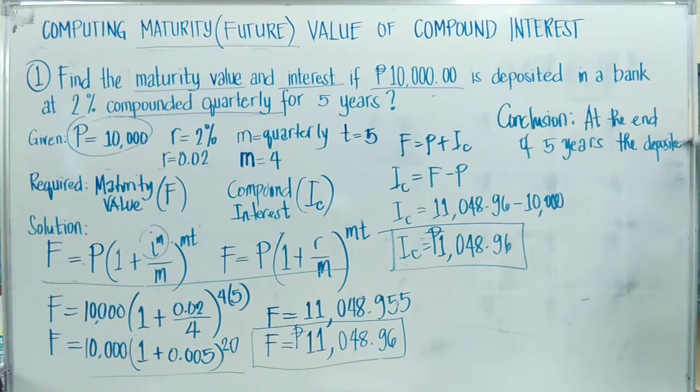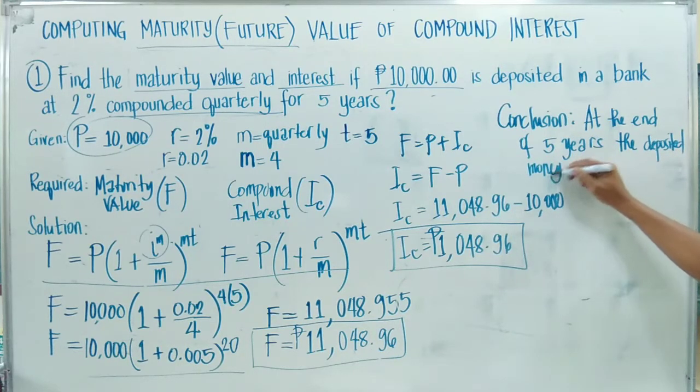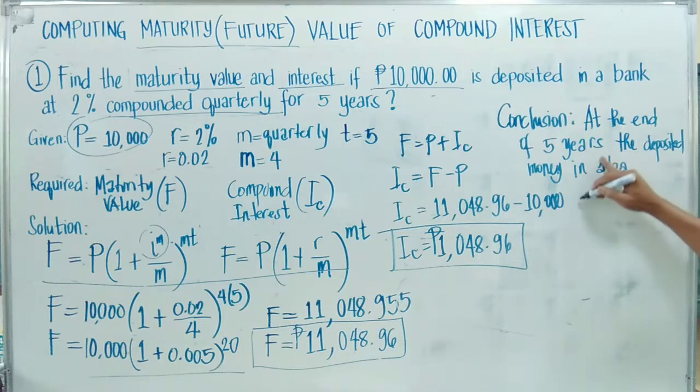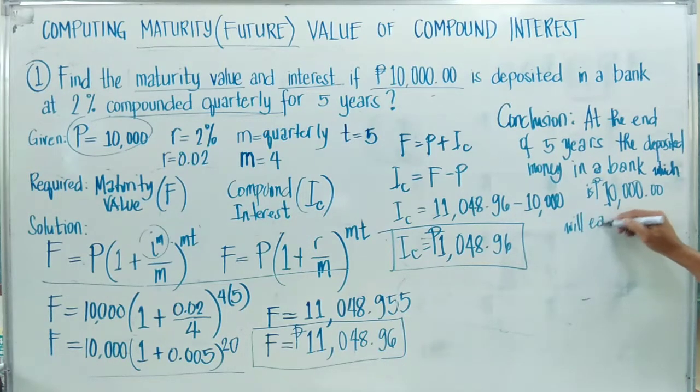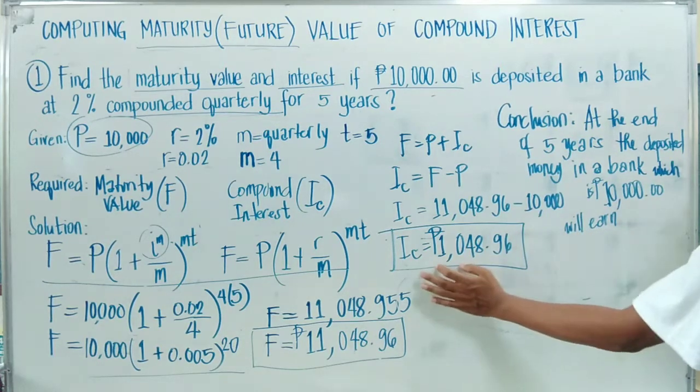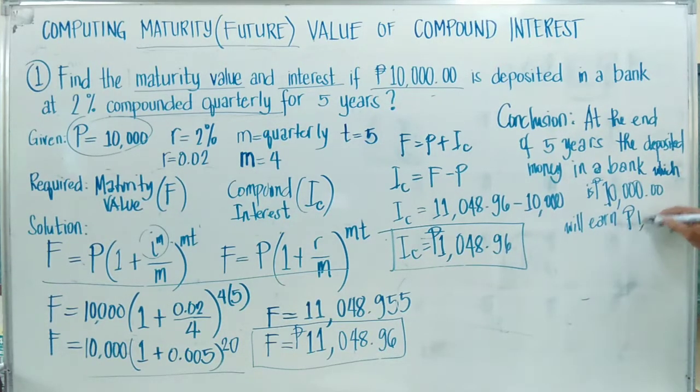The deposited money in a bank, which is 10,000 pesos, will earn, how much will you earn? 1,048.96.